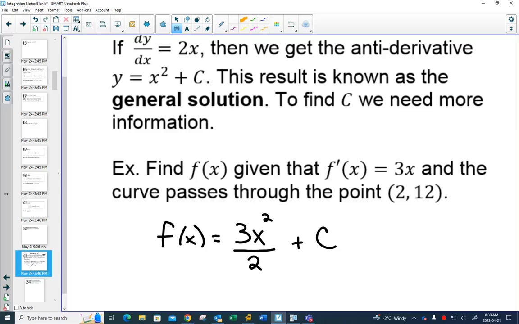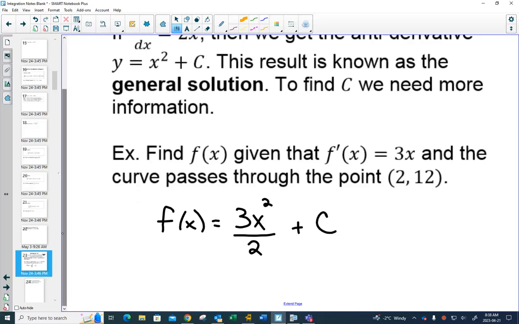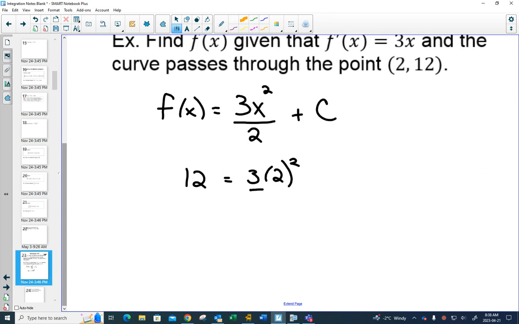So it's a matter of, okay, I can plug in 12 for y, 2 for x, and now it's just a matter of solving this.